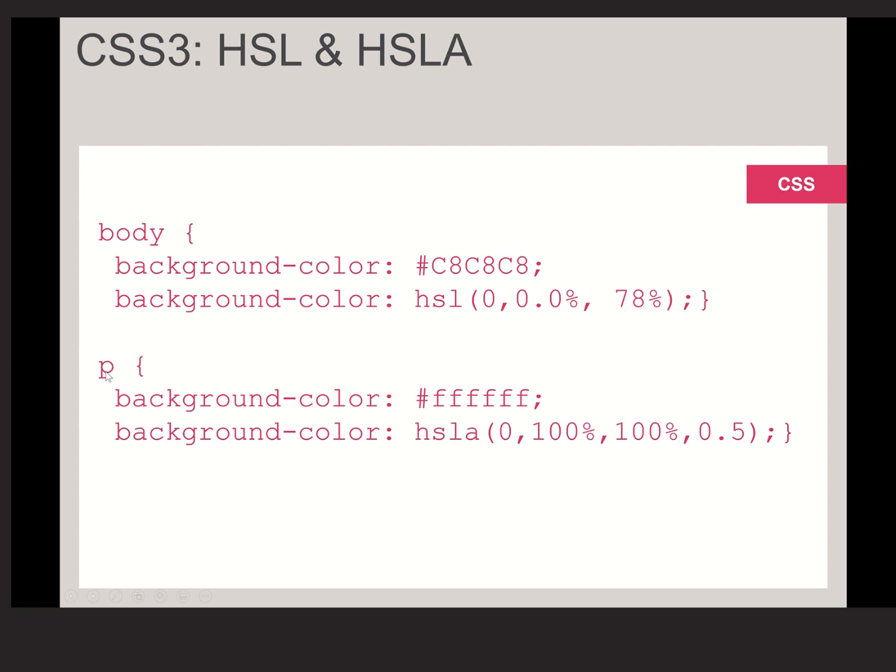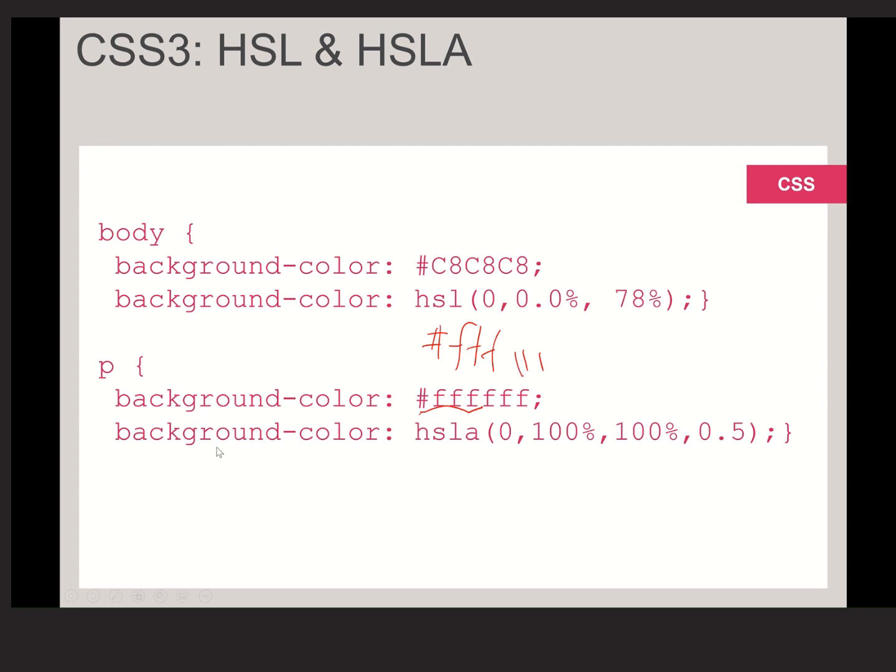And then for the paragraph, we define it in hex. This is the white color, so all of them are F. If all of them are the same, you can just use three digits, that's also fine. So just hex FFF. They are equivalent. The only case is that if all of the digits are the same, we just use the first three.